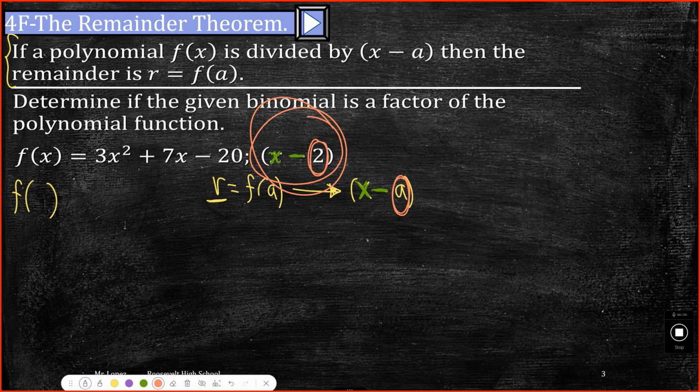All right. So let's go ahead and work out f of 2. We're going to plug in x is 2 into this. 3 times 2 squared plus 7 times 2 minus 20.